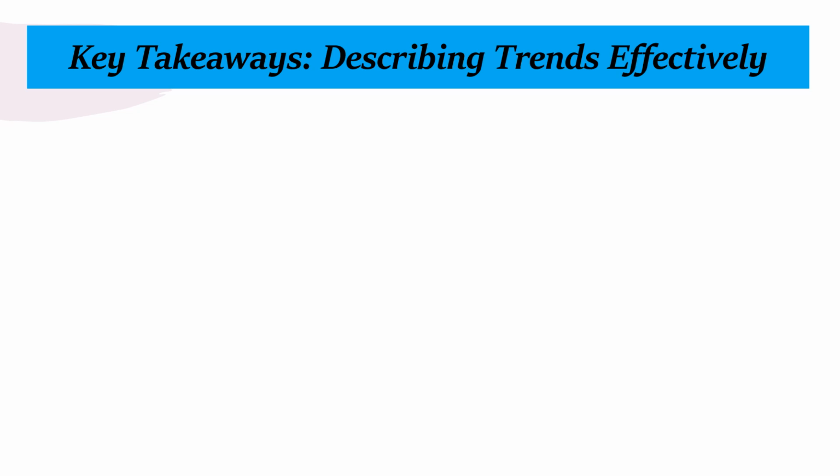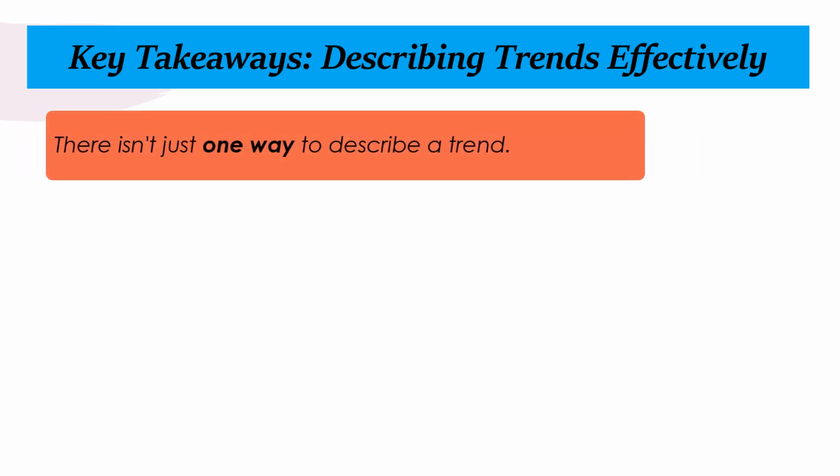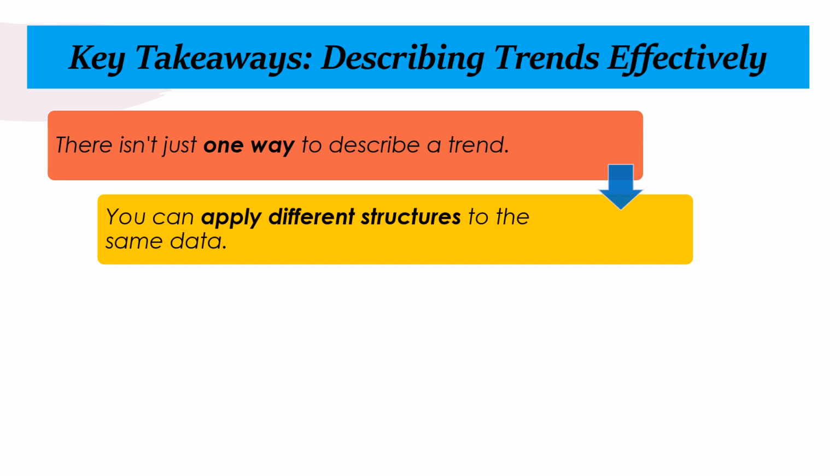That's the end of this video. Now you have seen how a single trend can be described in multiple ways using different sentence structures. It's important to remember that there isn't just one way to describe a trend. You can use different sentence structures and appropriate vocabulary to describe the same data.